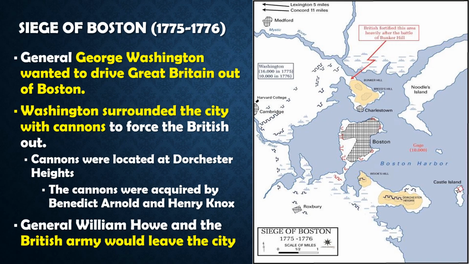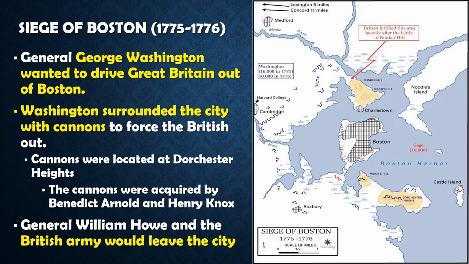Those cannons were stolen by other Continental Army soldiers, specifically men named Benedict Arnold and Henry Knox. The general leading the British Army in Boston at the time, General William Howe, saw this. He saw that these cannons were surrounding the city.